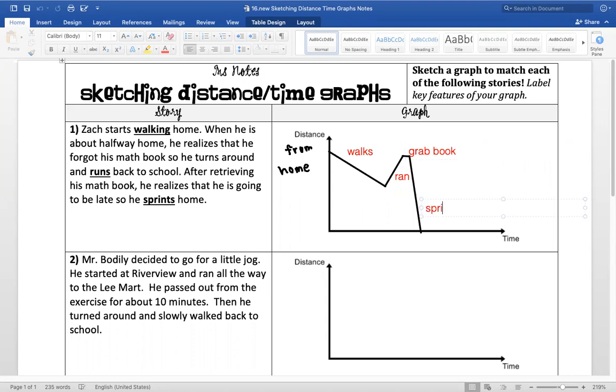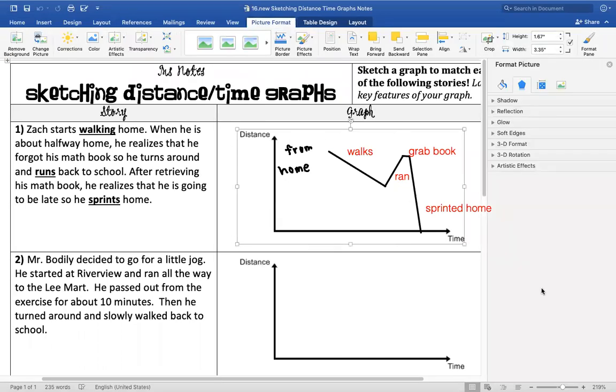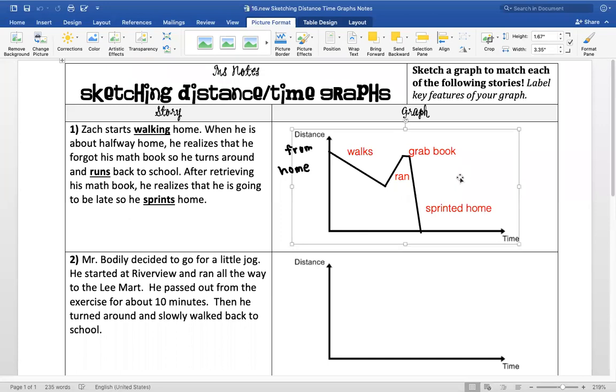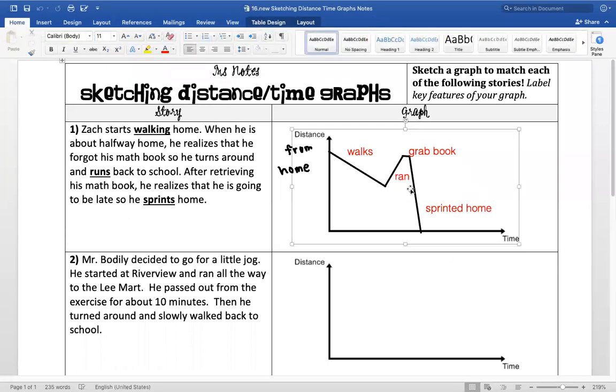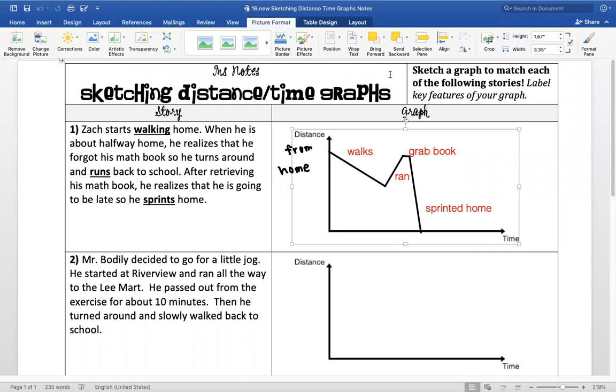Well, he sprinted home. Anyway, what I was going to say is you could write in there that he ran back towards school, but this looks fine. We are going to leave it like this, where we labeled all the key features of this graph.